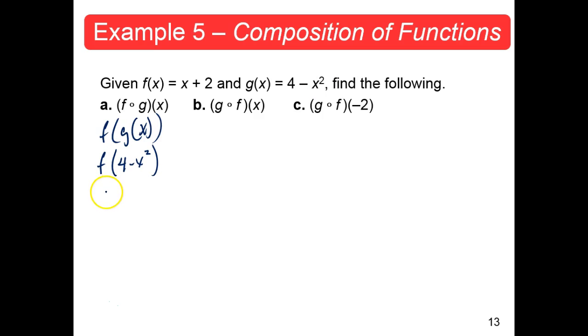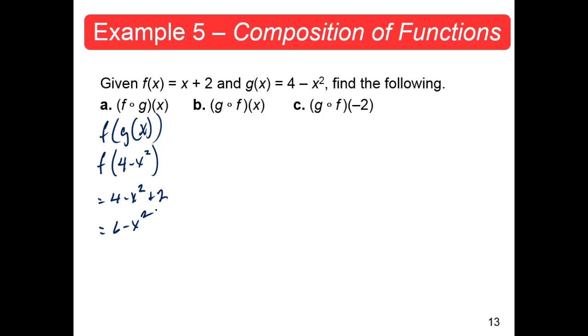Now, what does the f function do? It takes whatever's in here and adds 2 to it. What's in here now? 4 minus x squared. So this will be 4 minus x squared plus 2. Simplify that and you get 6 minus x squared.